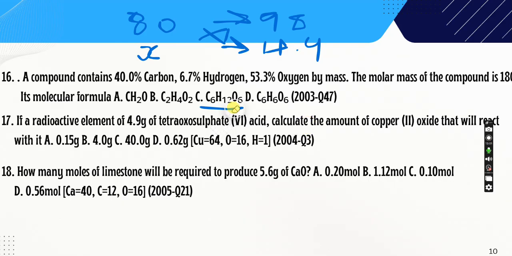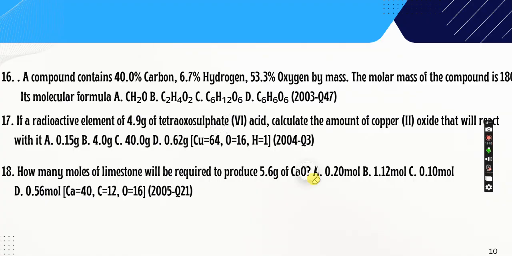So let's see what we have from the equation. The first thing in this kind of question is to write the equation of reaction, that is CaCO3 will give us CaO plus CO2.